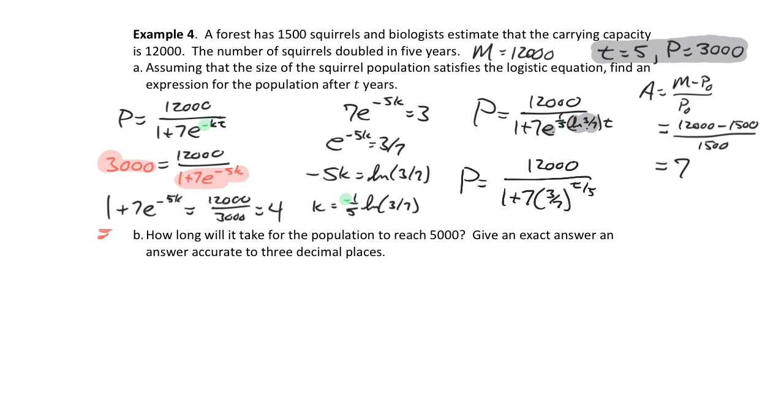All right, so finally, how long will it take for the population to reach 5,000? We want an exact answer and one accurate to 3 decimal places. So if P is 5,000, we'll get 5,000 equals 12,000 divided by 1 plus 7, well, no, not e this time, 3/7 to the t divided by 5.